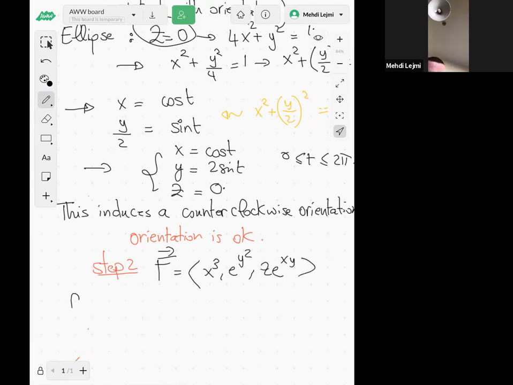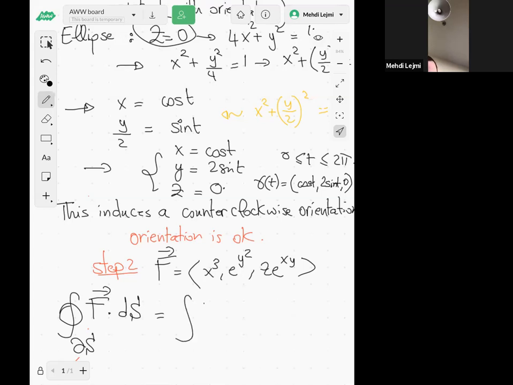I want to evaluate this vector line integral along the boundary of S. Don't forget my parameterization: gamma of t is cosine of t, 2 sine of t, and 0. This integral is the integral from 0 to 2 pi of F of gamma of t scalar product with gamma prime of t dt.